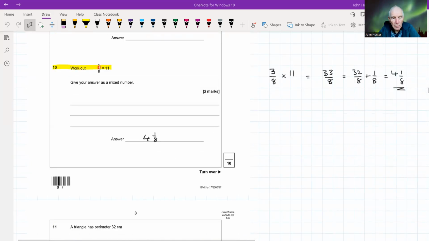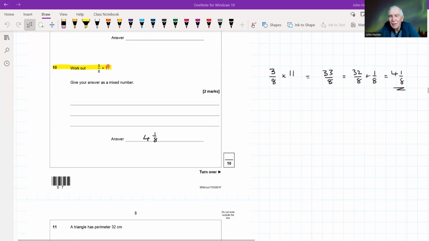Okay, carry on a little bit. So it says work out 3/8 times 11, or 3/8 of 11, we might say. Now 11, of course, is a whole number, but we can think of a whole number as a fraction, because in a sense it's 11 once, 11 over 1. The 11 really is on the numerator line.